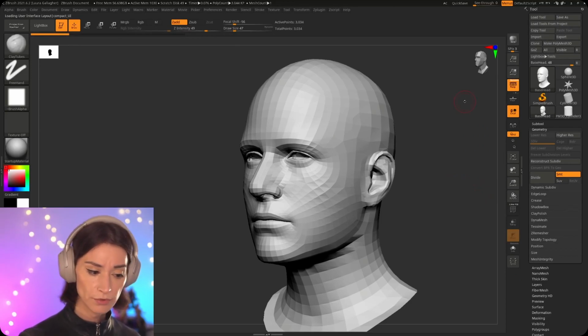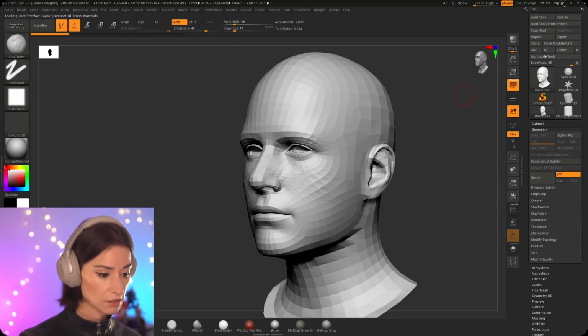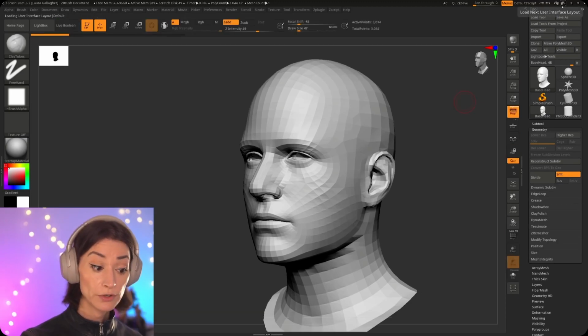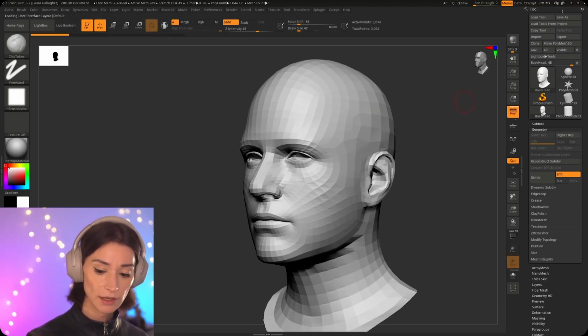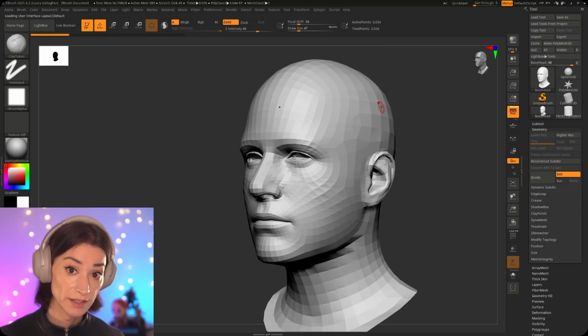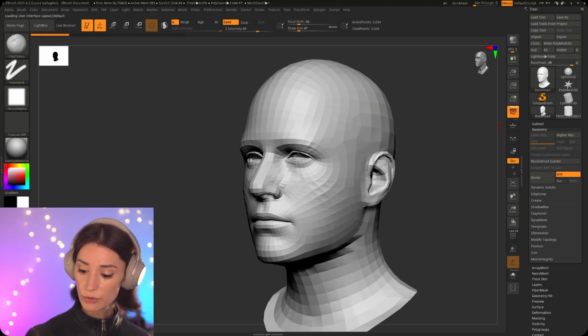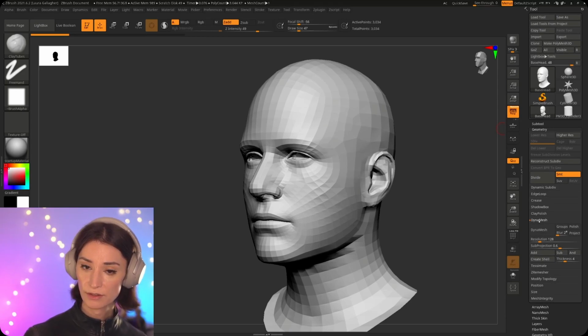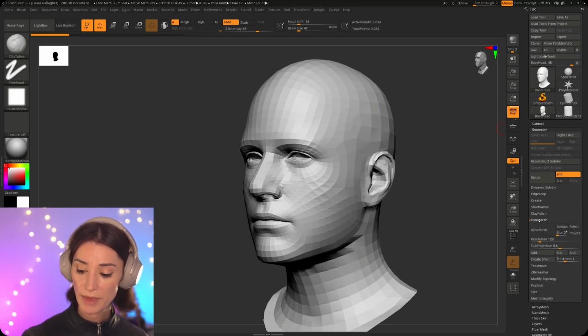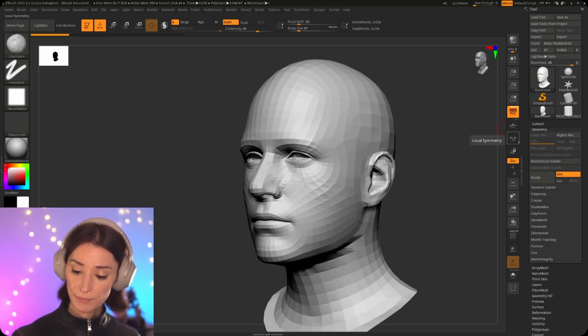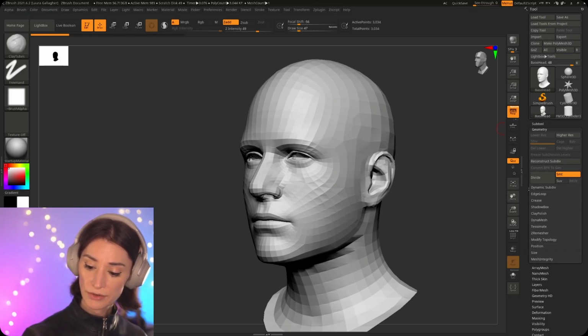So for those of you who are very new here, that you're not completely lost when you look at my interface, that's going to be a lot better, I think. Yeah, so in geometry, pretty much the only thing that we've concerned ourselves with so far is the Dynamesh menu entry right here. Right, but there's all this complexity.